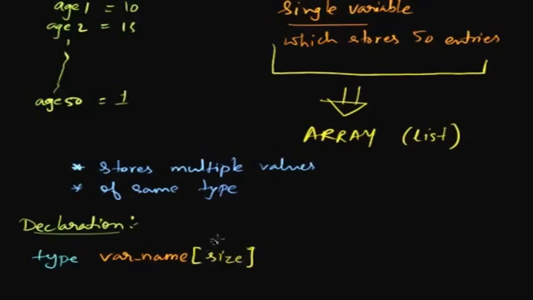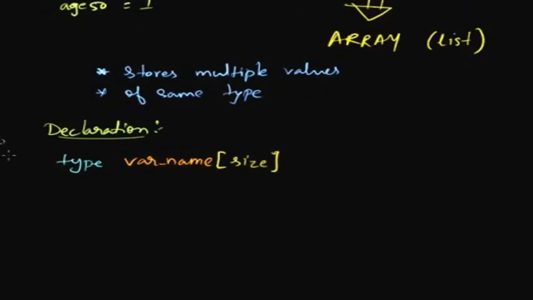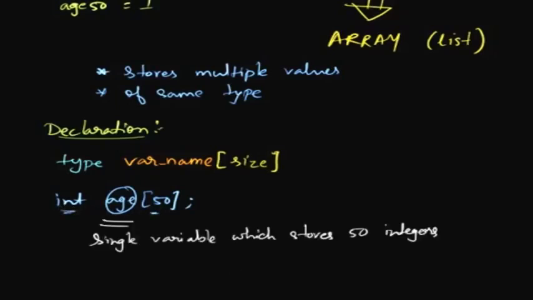These brackets are square brackets. So if you want to declare an array which stores 50 integers, you would declare it like int age[50], where age is the variable's name and 50 is the size. So this age array will store 50 integers. So it's a single variable, right? Okay, now this is how we declare a single variable, and this is how we declare an array.